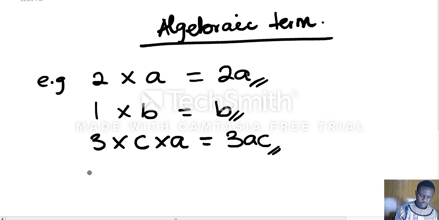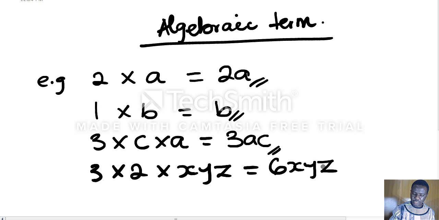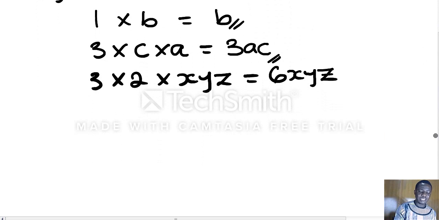Also, 3 times 2 times, let me say, x, y, z can be simplified to be 6xyz.